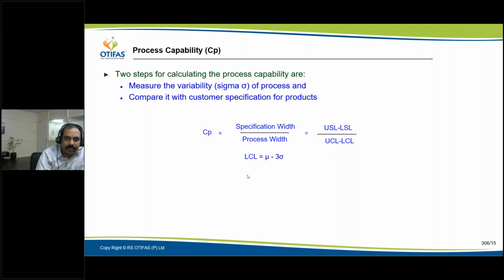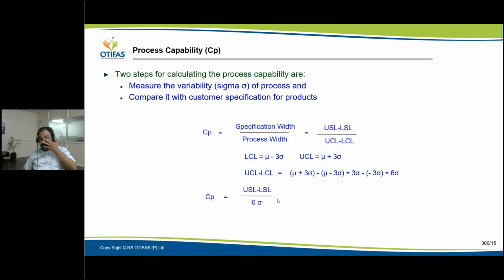So what will you get? 6 standard deviations. So you get CP as USL minus LSL divided by 6 into standard deviation. When you get the standard deviation and the specification limit, you get the capability.